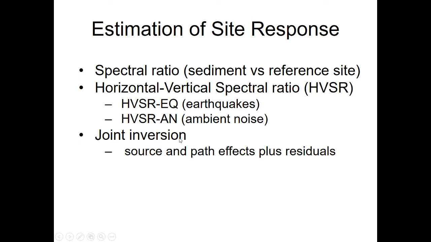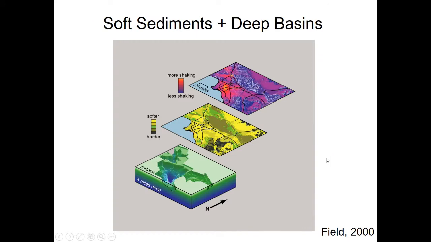And then if you have a lot of earthquakes recorded at a lot of stations, you can set up what we call a joint inversion and mathematically take that data and solve for the earthquake source effects and the path effects and the residuals, or the site response. I just want to list that.